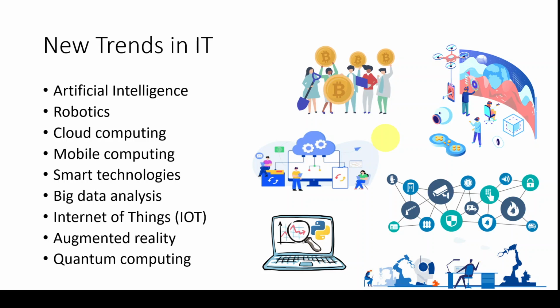So another concept is cloud computing. Cloud computing is, rather than saving our contents in our local machines, we save them on the internet. So that is simply cloud computing. Then mobile computing. We are now using more and more mobile devices rather than big computers, laptops, desktops.